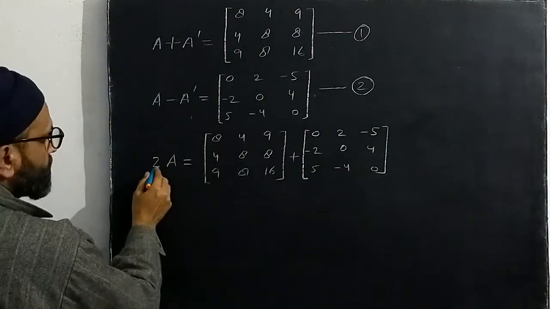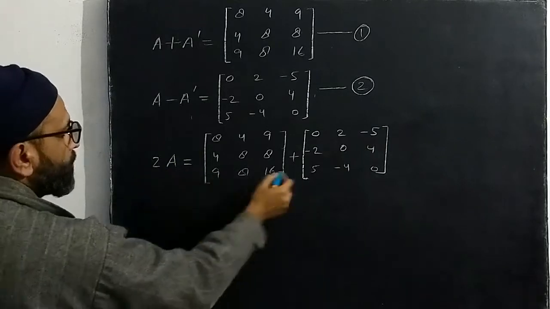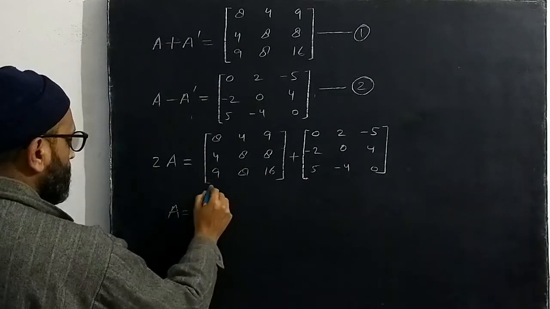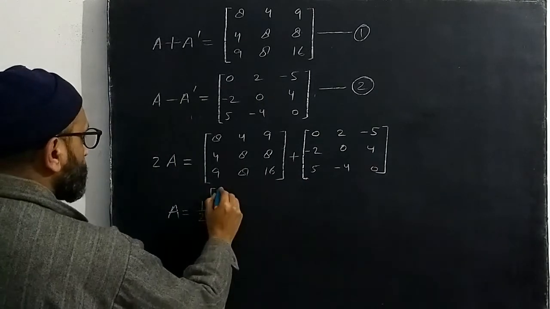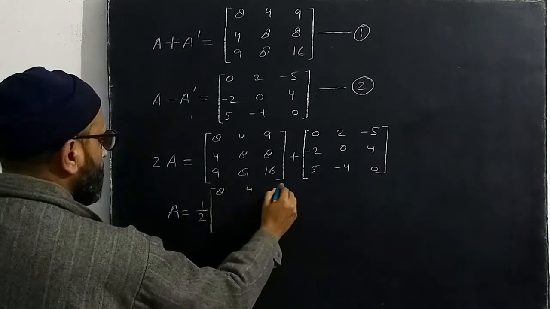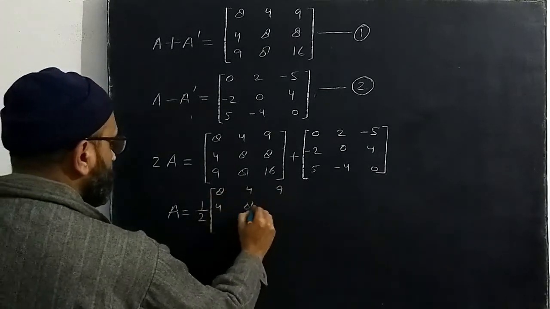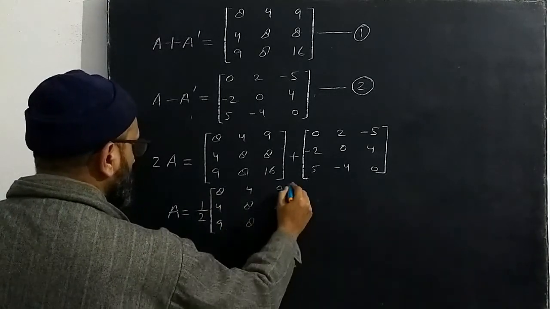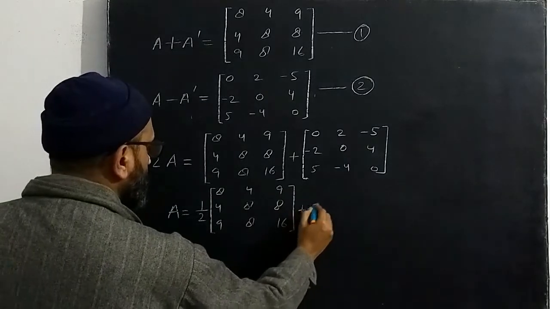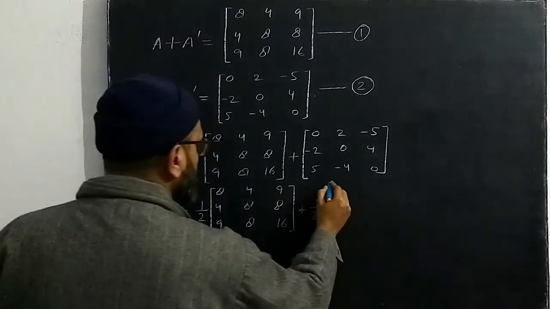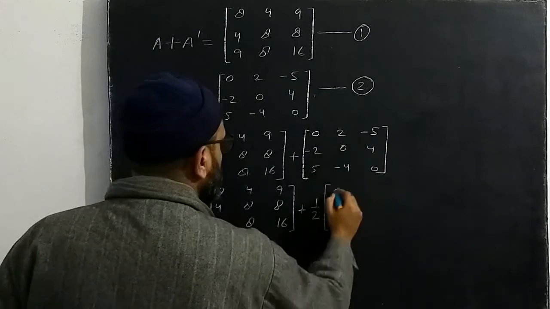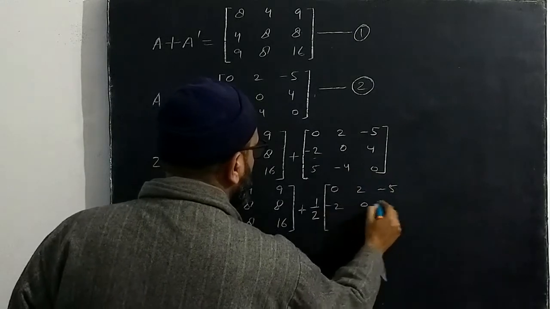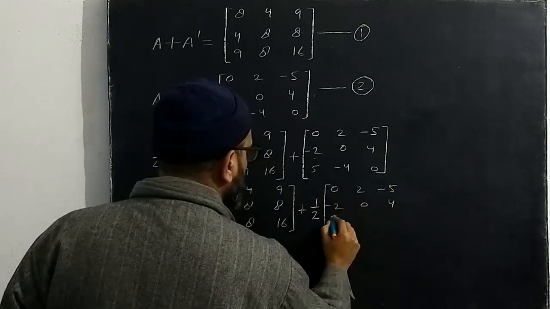Now transposing this 2 to right hand side, it will divide both the terms. So we have A is equal to half matrix 8 4 9, 4 8 8, 9 8 16 plus half matrix 0 2 minus 5, minus 2 0 4 and 5 minus 4 0.